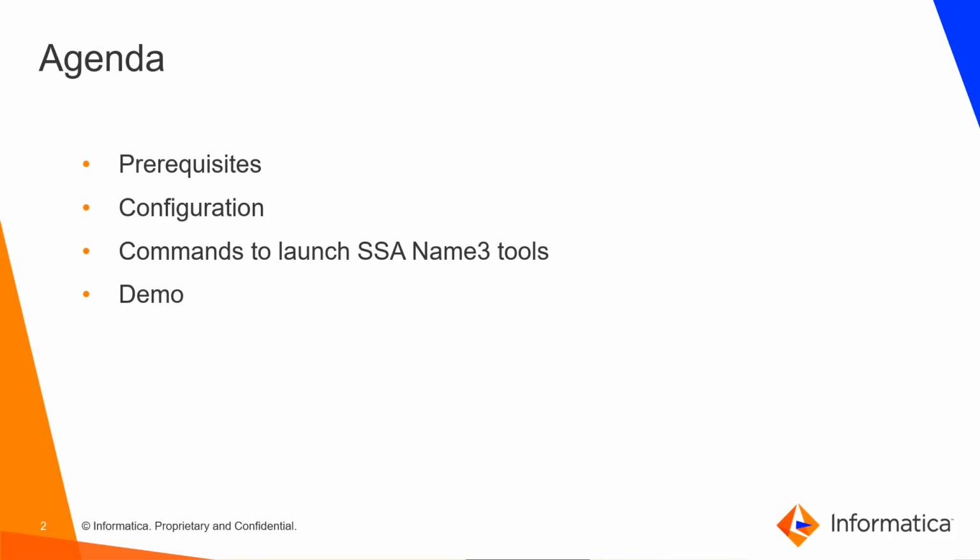And then we'll take a look at the different commands that have to be executed to launch each of these SSA Name3 tools. And then finally, I'll provide a demo of how to install SSA Name3 as part of Resource Kit, how to configure all of this and the environment variables, and also which commands you would need to execute to bring up which of these tools.